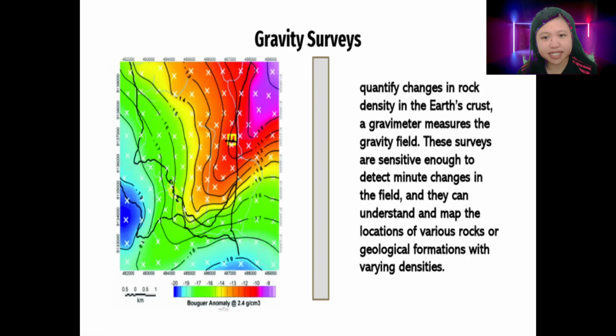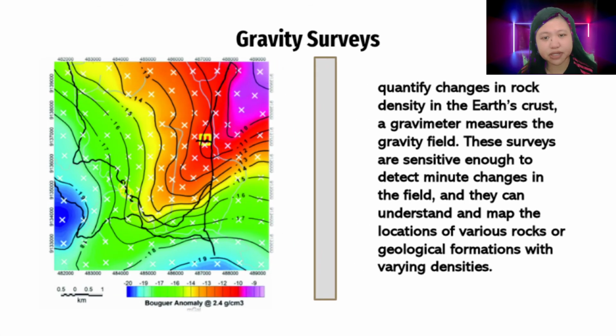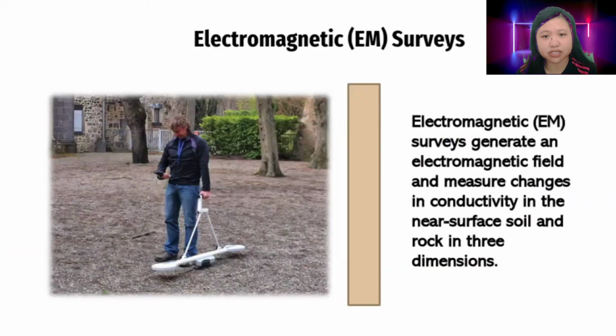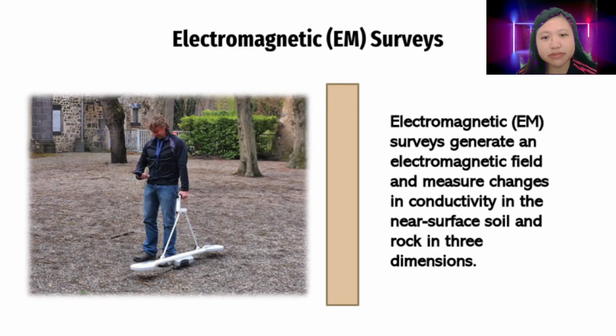Next, gravity survey. A gravimeter measures the gravity field and can detect tiny changes in the field, and it can map geological formations with varying densities and the locations of various rocks. Then electromagnetic survey.